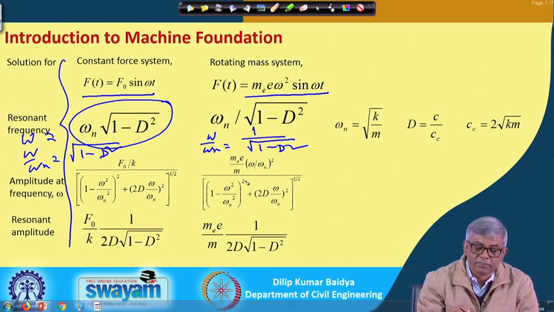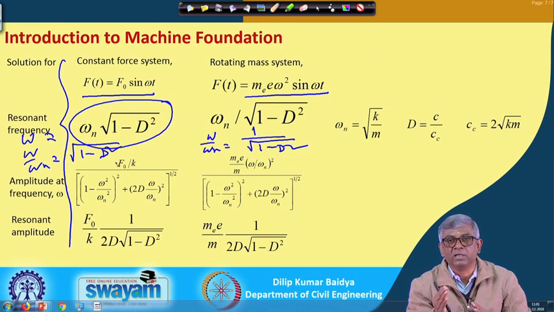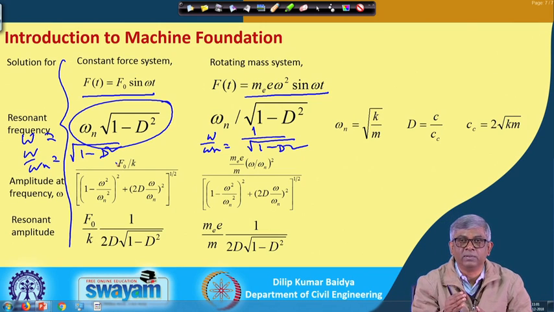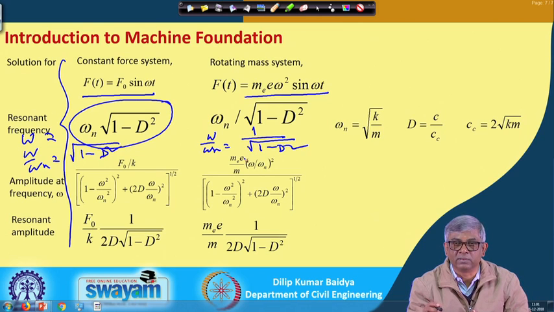That means the first is smaller than 1, is it not? So at an operating frequency less than the natural frequency, resonance will occur for the constant force system, but this one is greater than 1, so the operating frequency will be greater than the natural frequency.